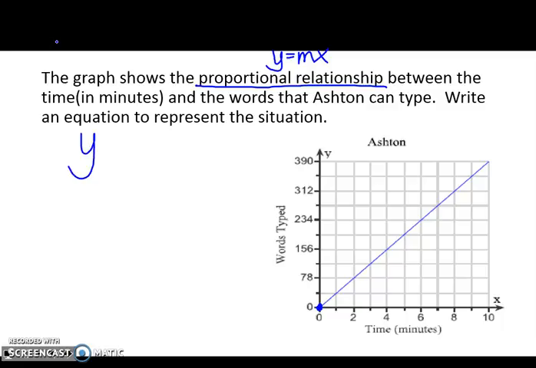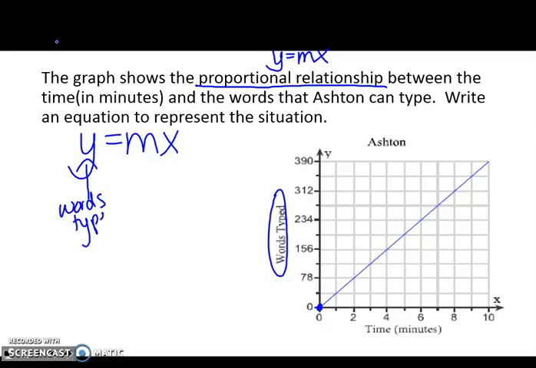So if I have y = mx, my y represents words typed, and my x is represented for minutes. So now I just need to know my unit rate. I need to know Ashton's unit rate. So how many words can she type per minute?